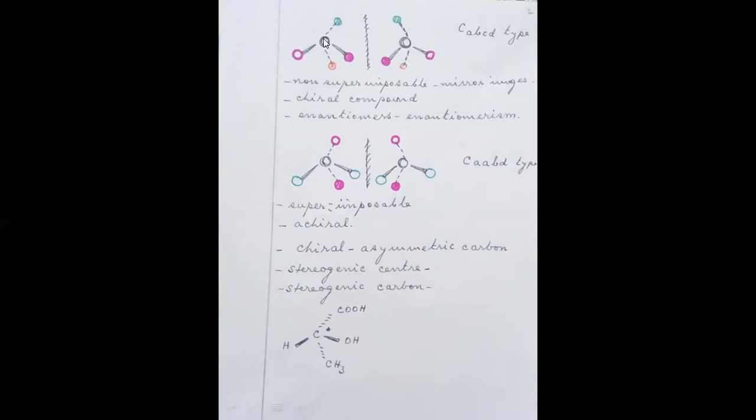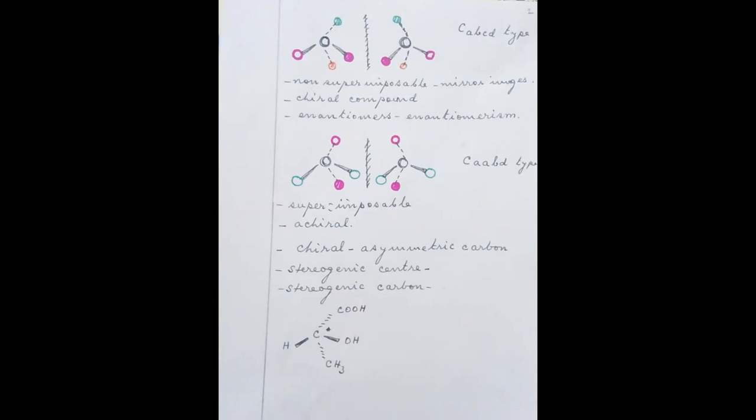Whereas the green inclined to your right in this compound is now inclining to your left. Similarly, here also the red group inclined to your right is now inclined to the left. So this is the mirror image of the compound of type CABCD. This is a chiral compound.